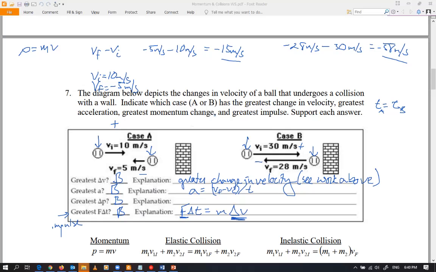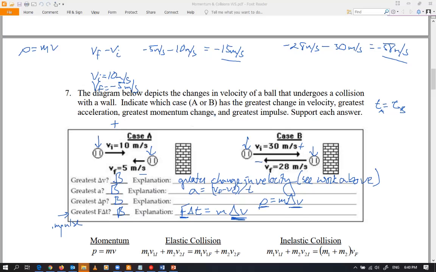And therefore, we have the greatest impulse with the same one, since the two factors are the same. And then momentum, remember, again, because this is p equals mv or m delta v, then the larger the delta v, the larger the p.